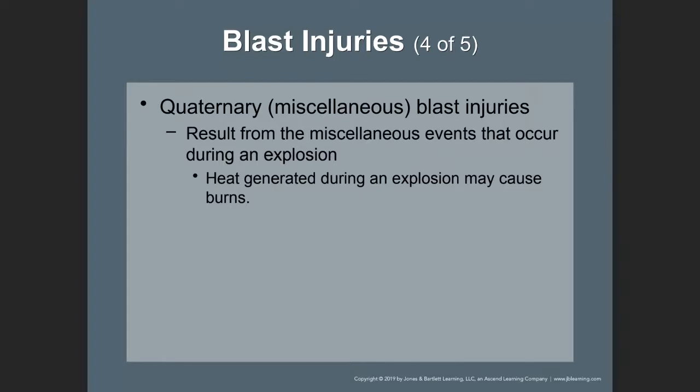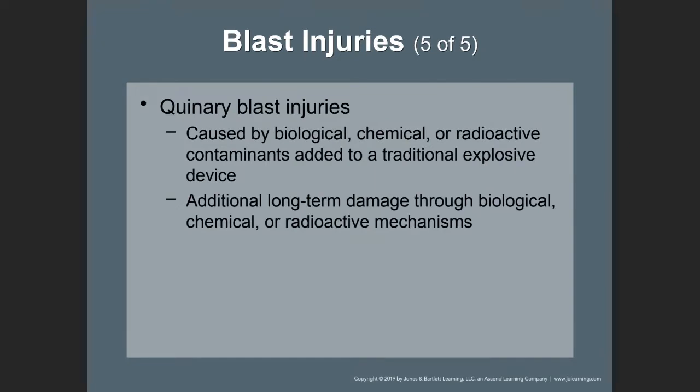Heat generated during an explosion may cause burns. Quinary blast injuries are caused by biological, chemical, or radioactive contaminants added to a traditional explosive device. Additional long-term damage through biological, chemical, or radioactive mechanisms may occur.